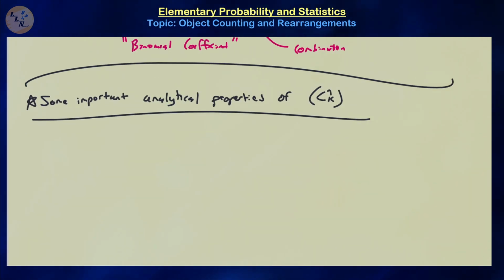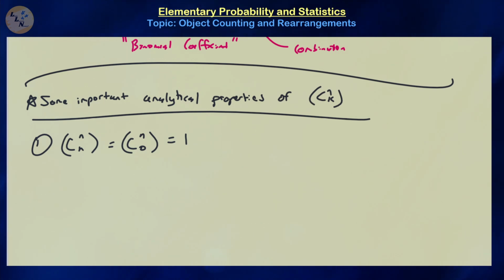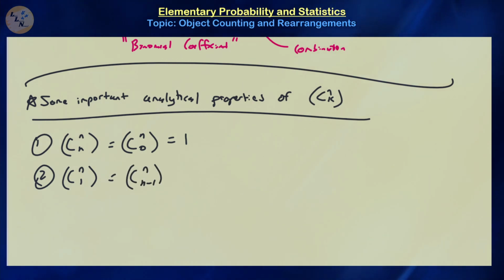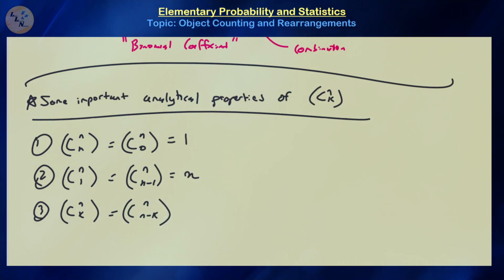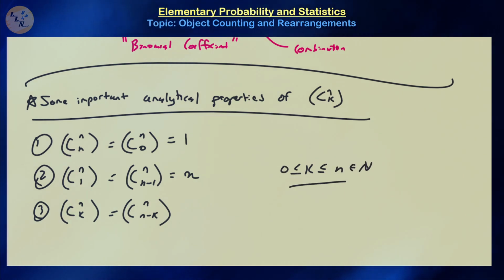Firstly, if n is a natural number, C(n,0) and C(n,n) are always going to be equal to 1. That should be very easy to prove. C(n,1) and C(n,n-1) are always going to be equal to n. So, some shortcut calculations. C(n,k) and C(n,n-k) are always going to be equal to each other, so keep in mind k is between 0 and n and needs to be a natural number.